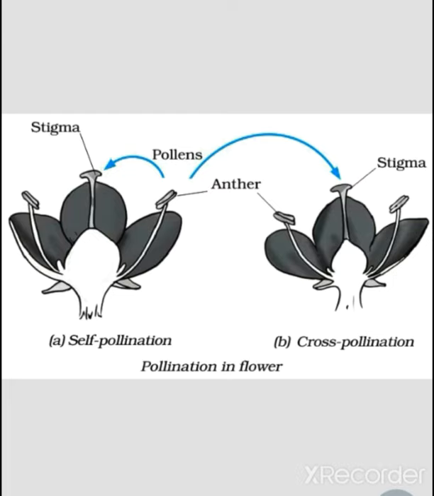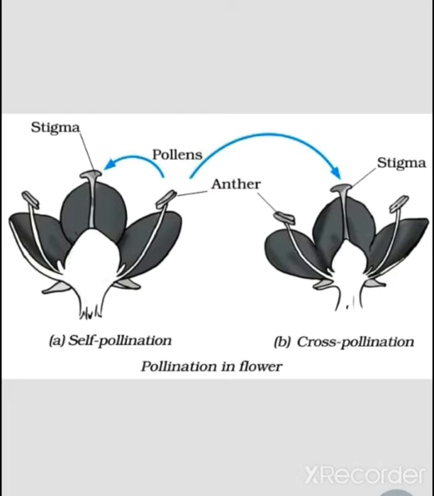As we know, pollen grains are immobile, they cannot move from one place to another. They can't reach the stigma by themselves, so we need some external efforts to help them reach the stigma, the female reproductive organ. These external efforts can be wind, water, animal, gravity, growth contact.